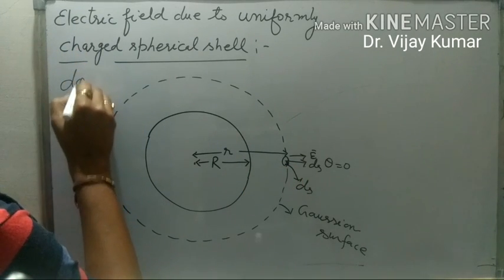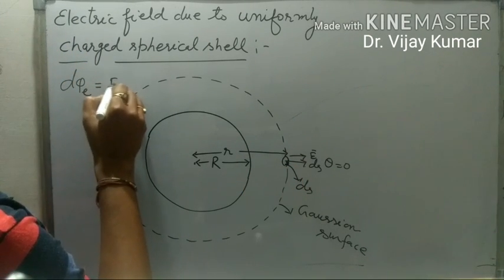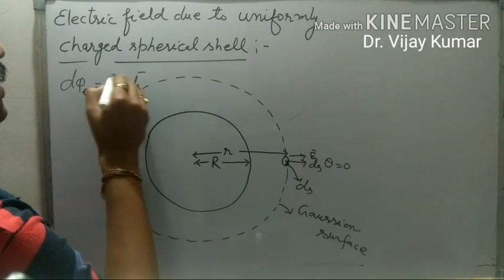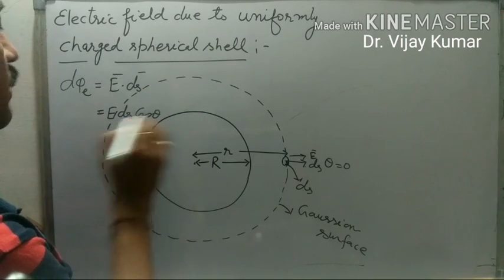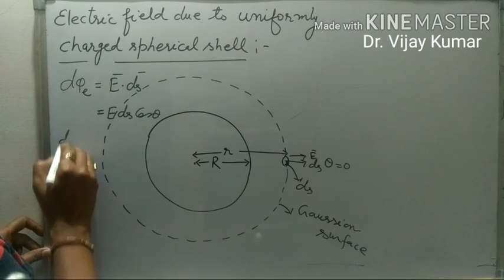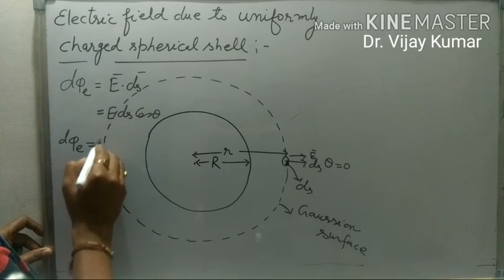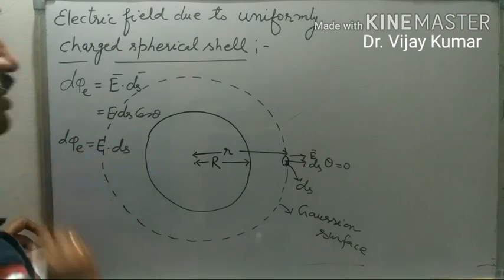We can determine the electric flux passing through this small area. It is E dot ds, or E ds cos theta, where theta is 0, so d phi equals E into ds.